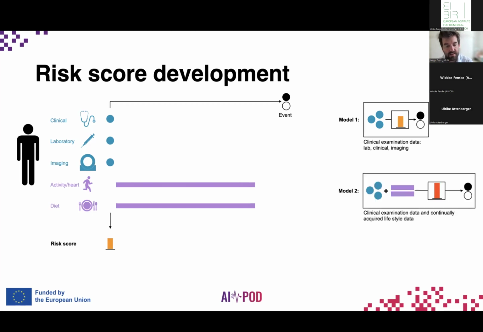We call that late integration of one-shot data and high-frequency continual data, to get a day-to-day updated risk score for this event happening again within a certain time period, starting from the date where the risk score is calculated.